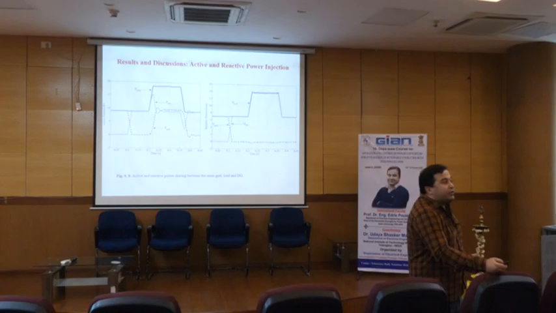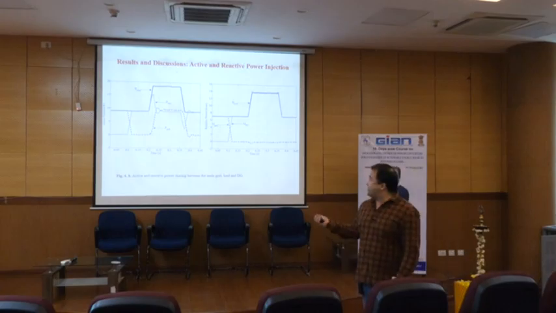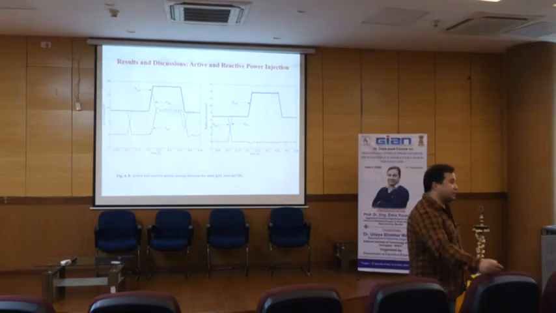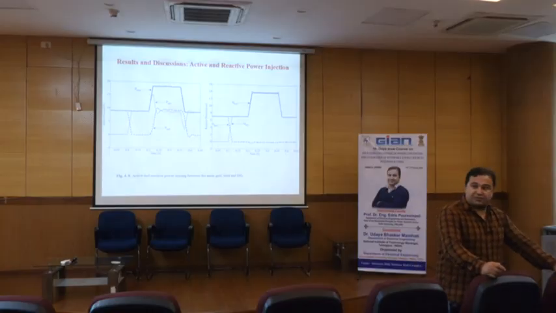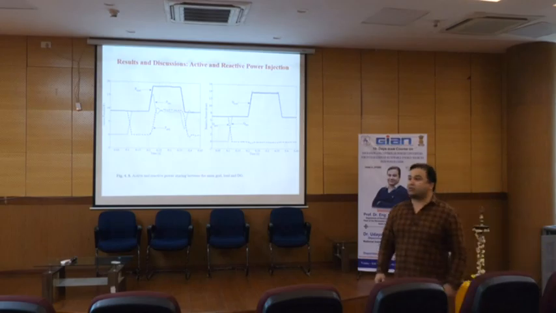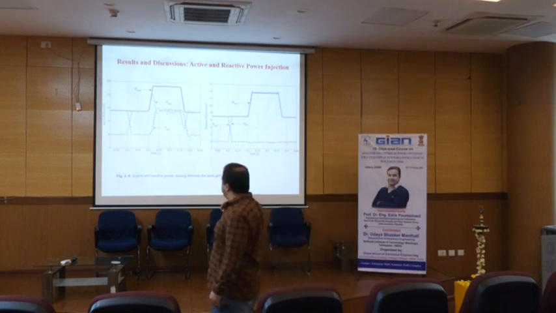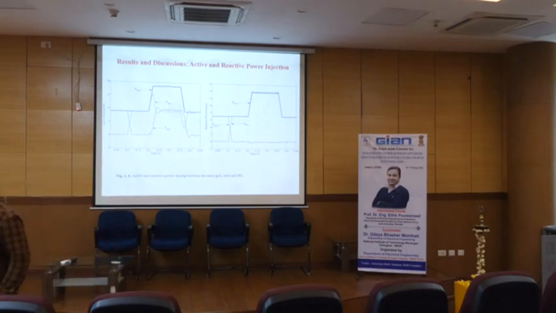Why, if these things happen, should the active power actually have fluctuation? This is the reason. Response time. So why is this response time good, but that one is not good?